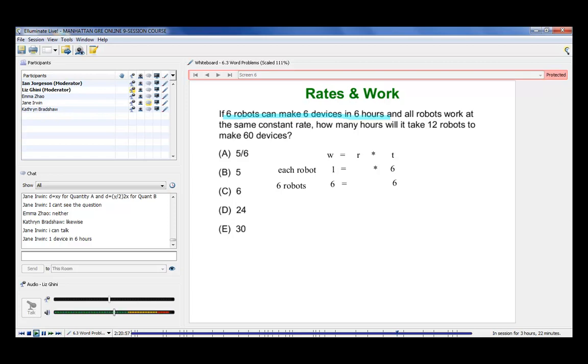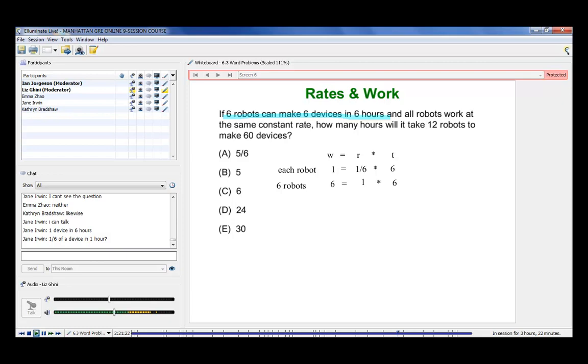Six robots make 6 devices in 6 hours. It takes 6 hours to get 6 devices out of them. Yeah, 1/6 of a device. Each robot makes 1/6 of a device. Whereas altogether, they can make 1 device per hour. Okay.